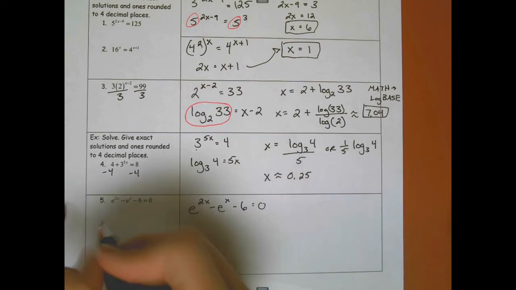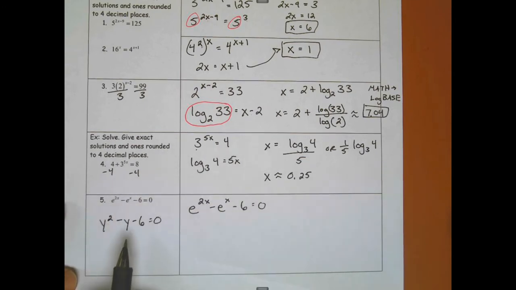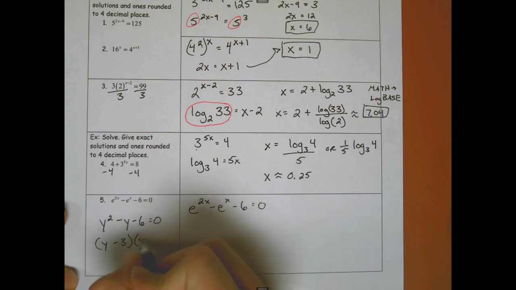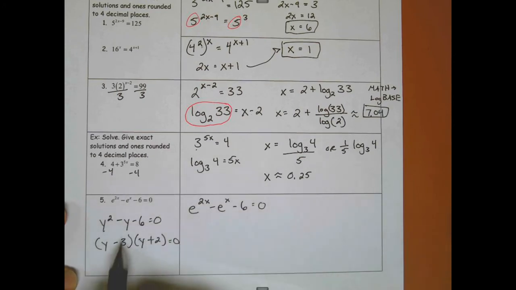So if we think of this with y squared minus y minus 6 equals 0, if you think of that formula or that equation, we can solve this by factoring. So we can do y minus 3 and then y plus 2, because those are two numbers that multiply to -6 and add to -1.